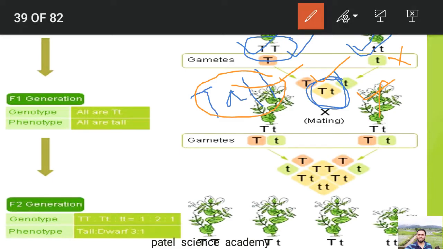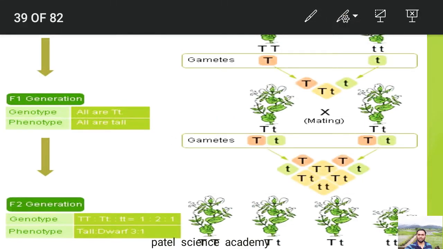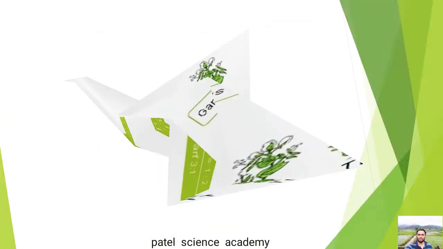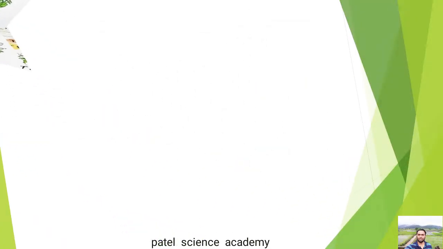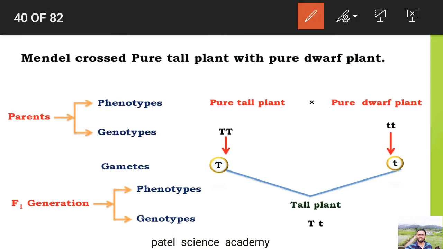That's why it is called a recessive character. So this is about the law of dominance. I hope you have understood this example in which we have crossed two parents with different stem height.